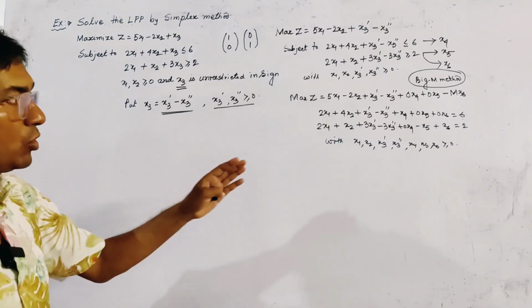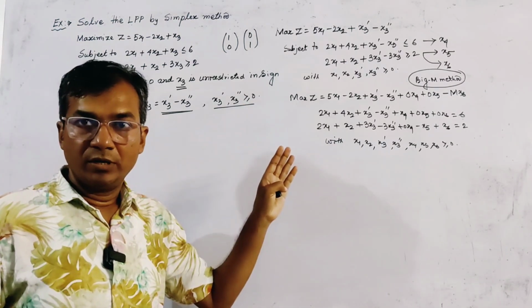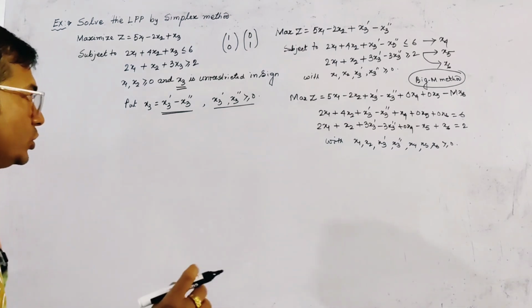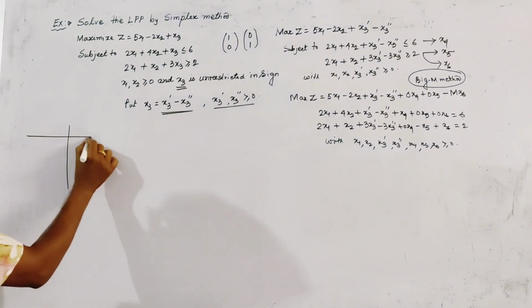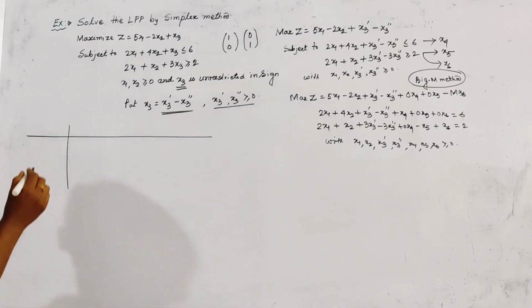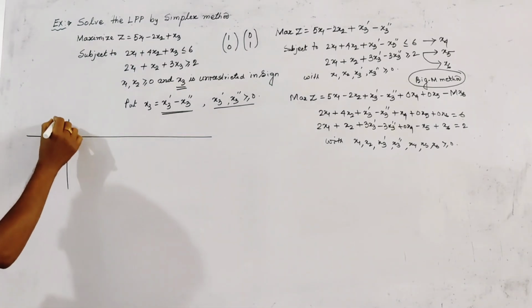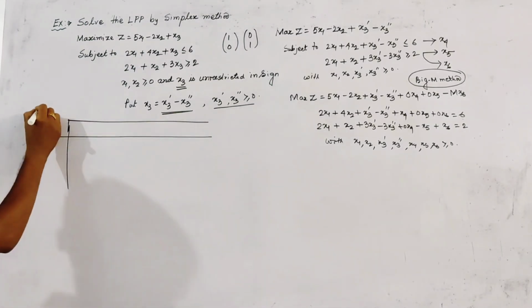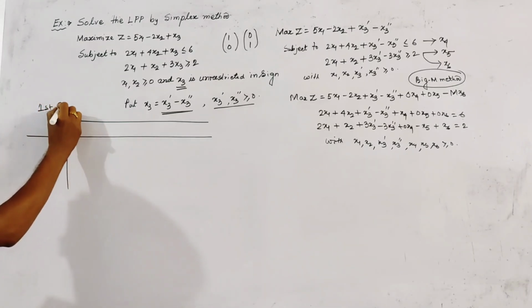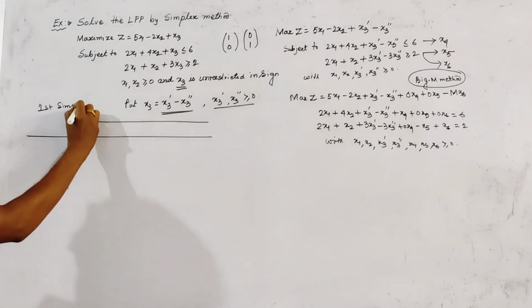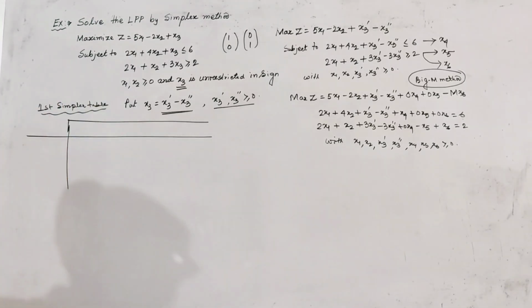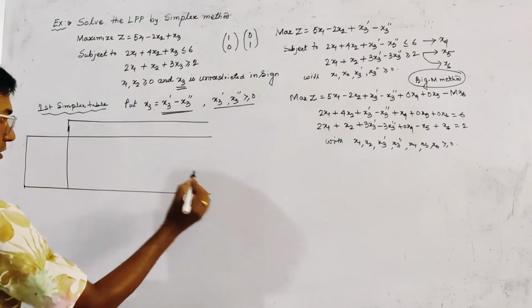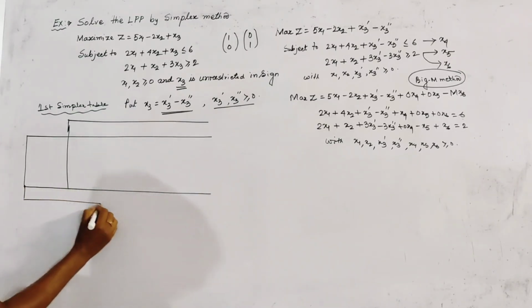Now we draw the simplex table. What is the simplex table? We draw the simplex table as this. We write here the first simplex table, and the table has columns like this.